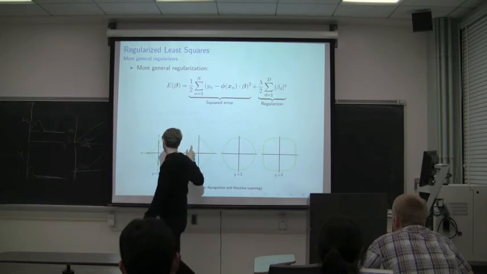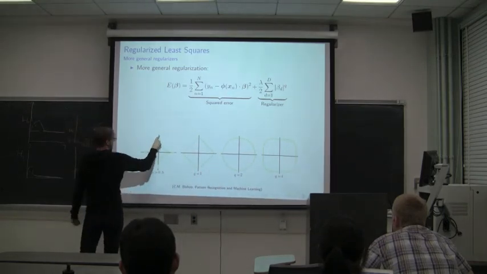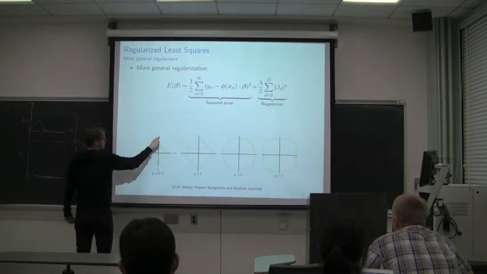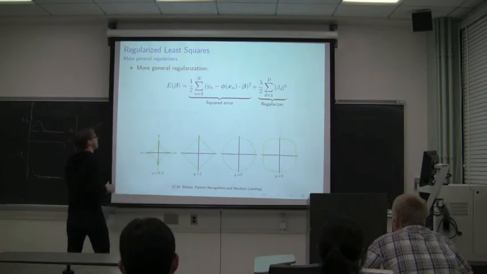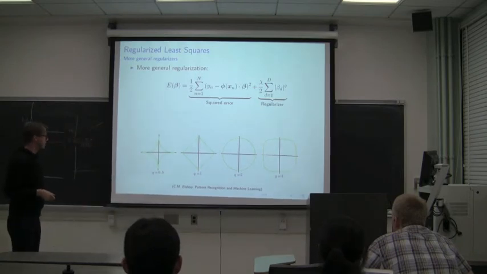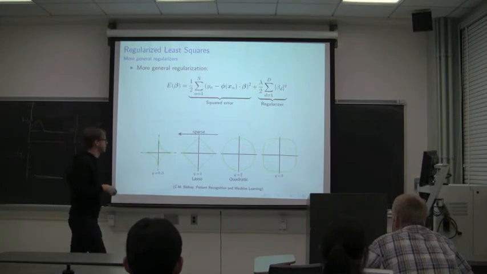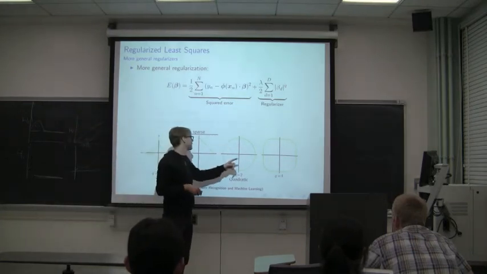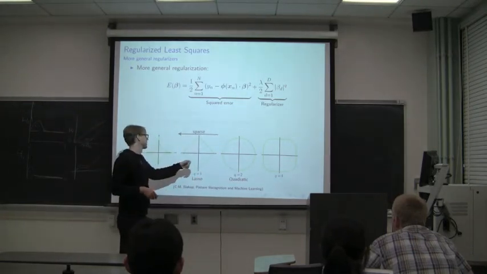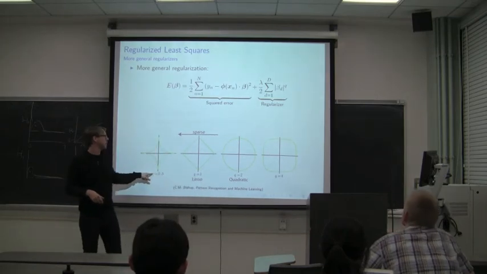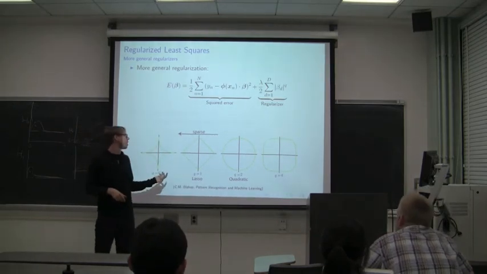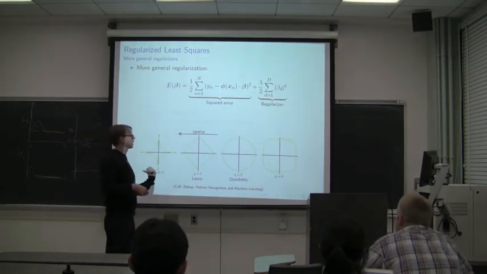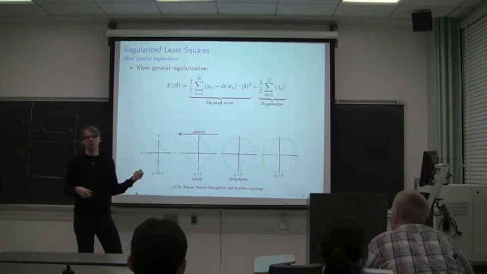And if we take a q smaller than 1, we get something that is non-convex. The interesting thing is that as we decrease this exponent, the solutions get more and more sparse.